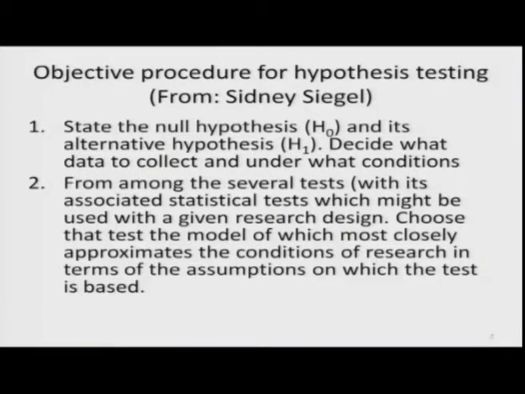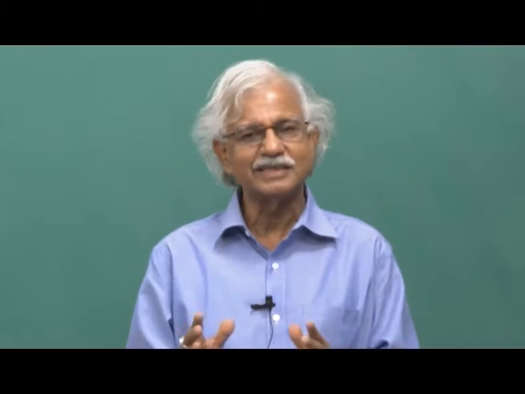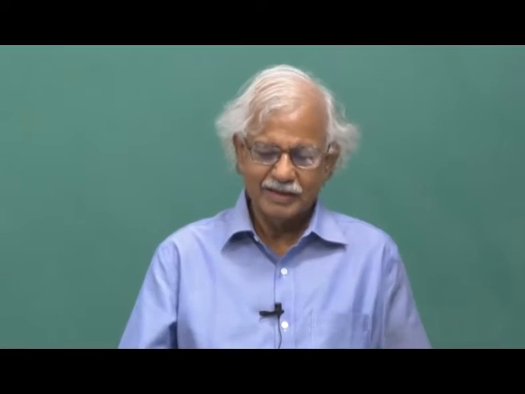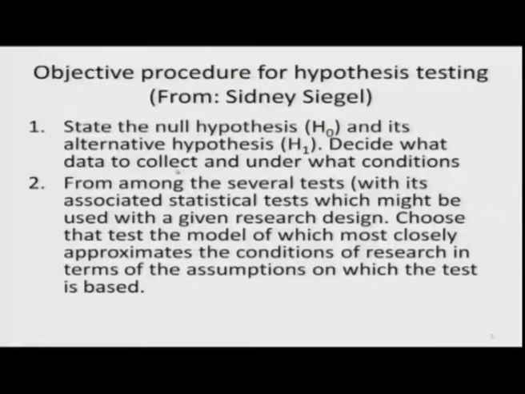Right in advance, we state both the null hypothesis, that there is no correlation, and also the alternative hypothesis, that there may be a correlation, or the correlation is positive, or correlation is negative, or correlation is greater than this or less than this. Alternative hypothesis is actually your research hypothesis, and it may be stated in different forms, and then decide what data to collect and under what conditions.